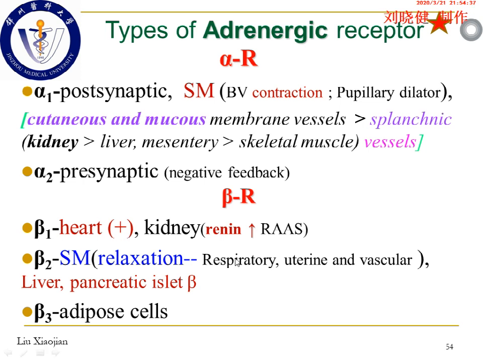Understand? Okay. On the beta 2 receptor, similar to the alpha 1 receptor, beta 2 resides mostly in smooth muscle, but its function is opposite to that of alpha 1. You know, alpha 1 in blood vessels, once it is activated, often induces contraction. But beta 2, once it is activated by epinephrine or other agonists, often induces relaxation.